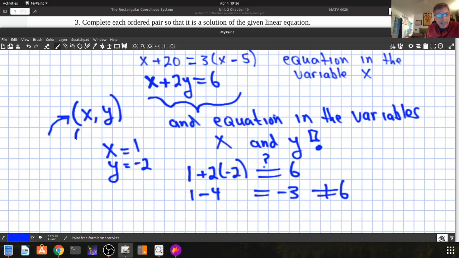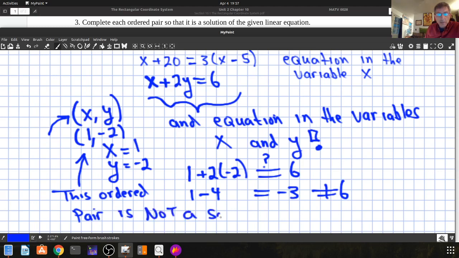And indeed, if x is equal to 1 and y is equal to minus 2, then I say this ordered pair is not a solution to, and I'm going to label this equation, equation 1.